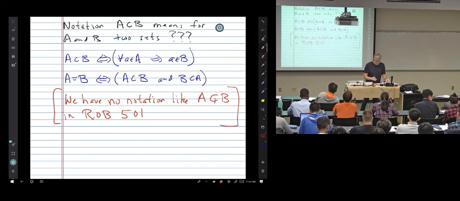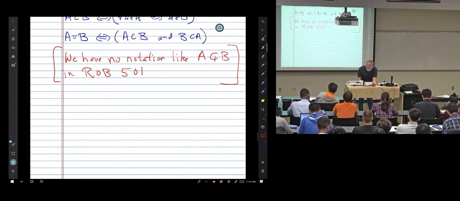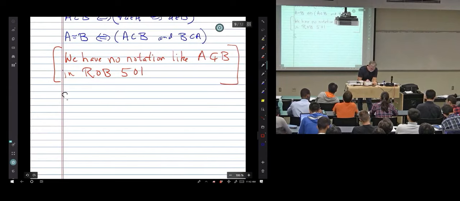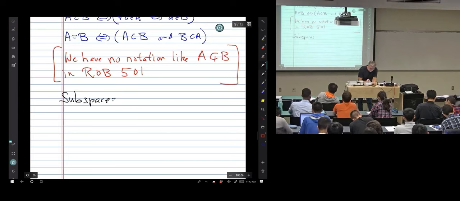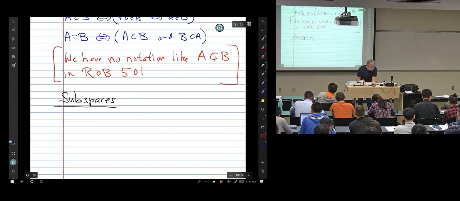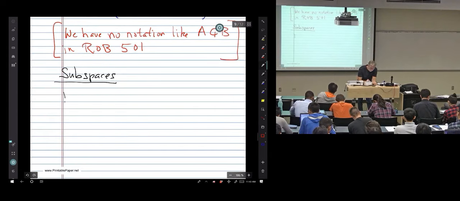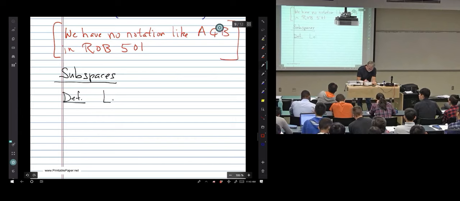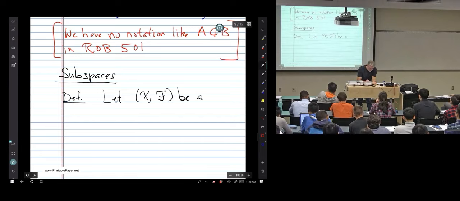So I'm going to leave you with this definition, subspaces, and we'll untangle it probably on Thursday. So definition. Let (X, F) be a vector space.